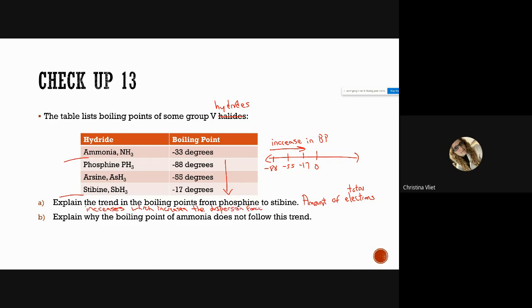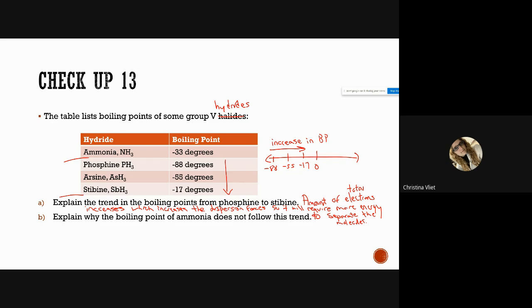So it will require more energy to boil, or to separate the molecules. So again, remember, increased boiling point is increased energy to separate molecules. That's what we're talking about when we talk about increased boiling point.